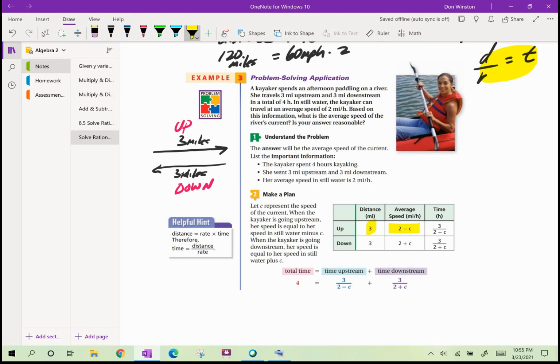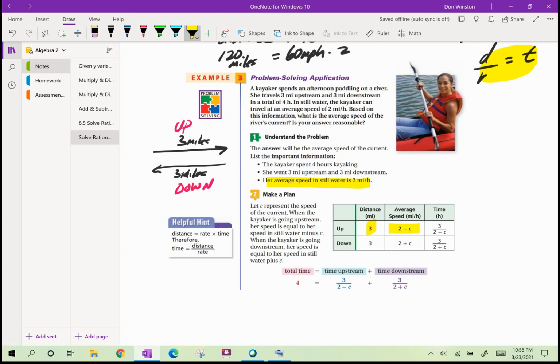But we know that the average speed will be less than the still water speed of 2 miles per hour. So we say 2 minus c.